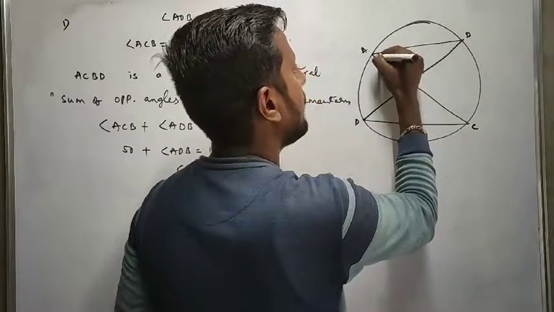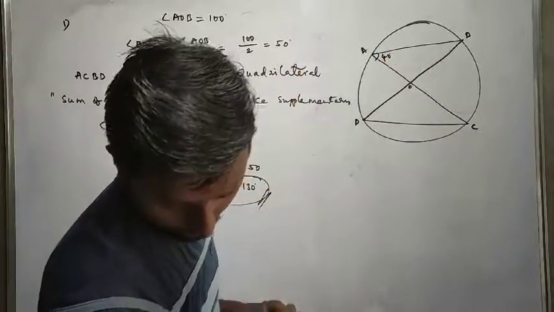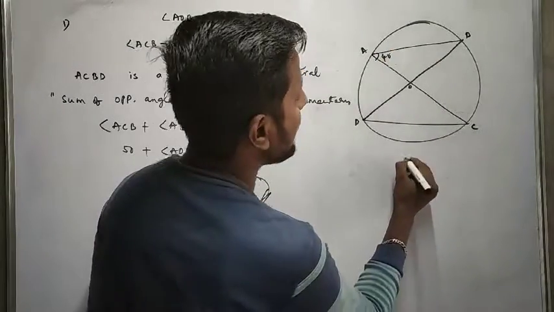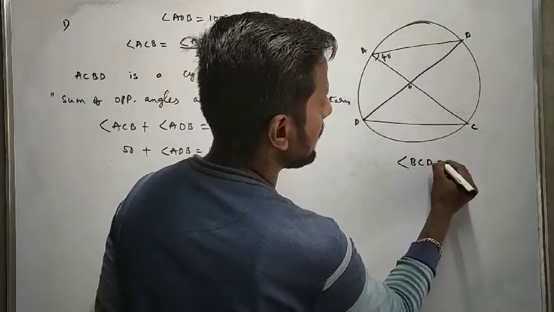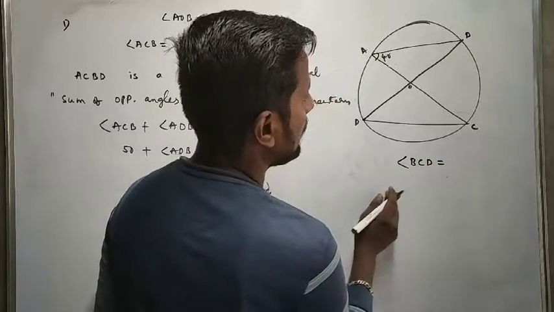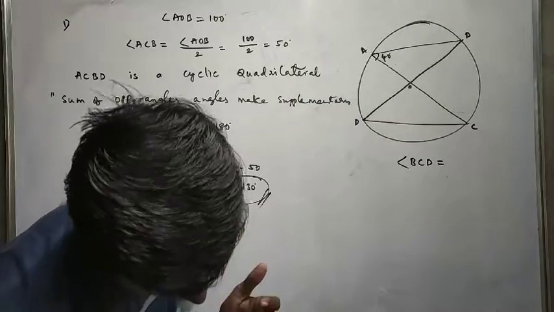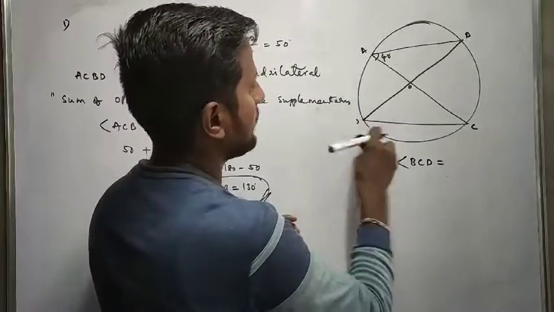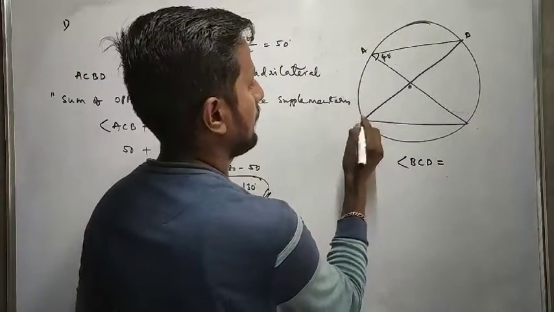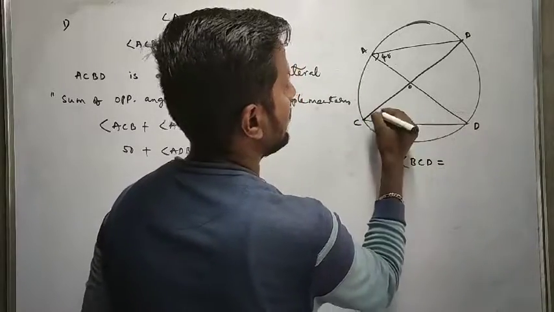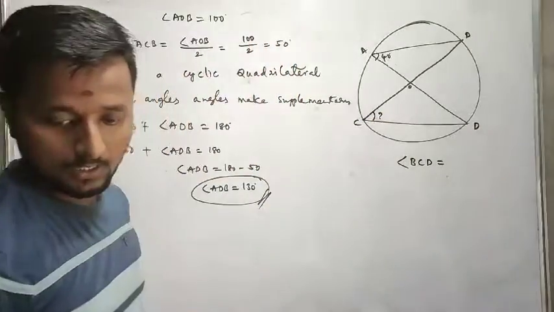And here the angle is 40 degrees, I think. Then find angle BCD in triangle BCD. Here C, here D. This angle we have to find, correct?